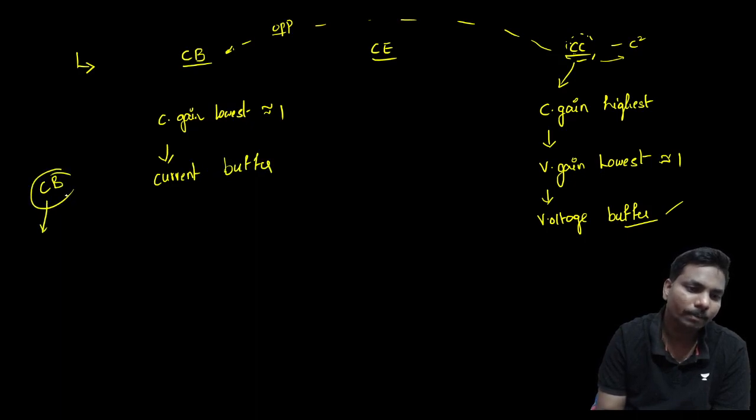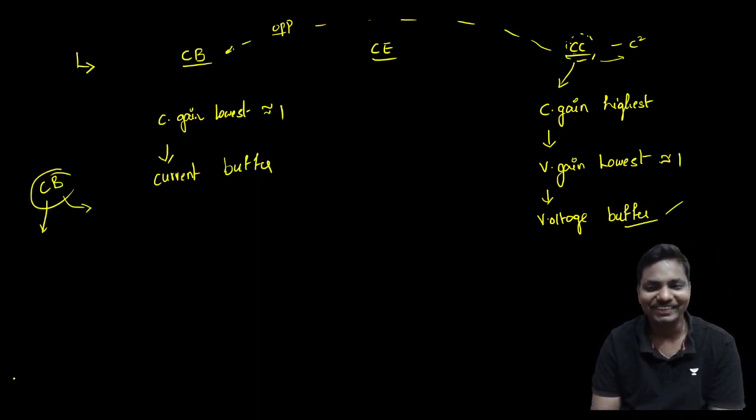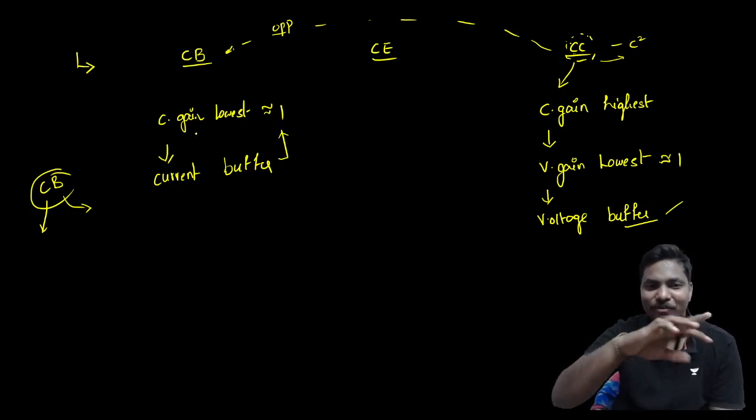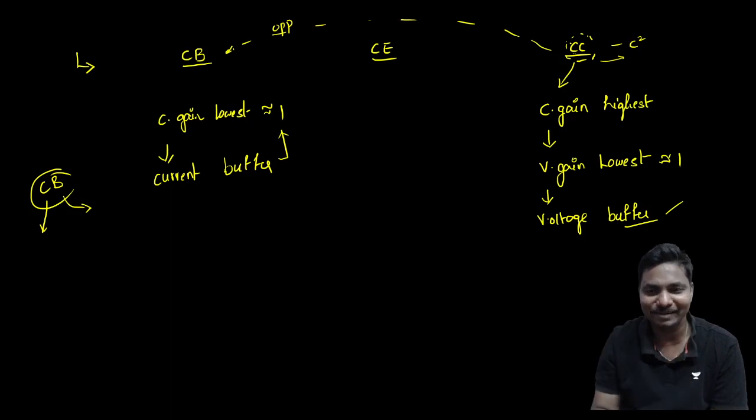C for current, B for buffer, current buffer. Buffer in the sense output is almost equal to input. That means very nearly equal to 1. That is lowest. So this is like a circle manner. Wherever you have started, that will end the same.